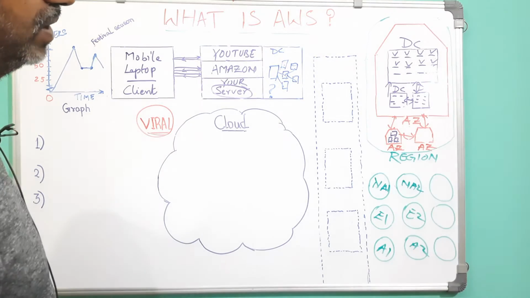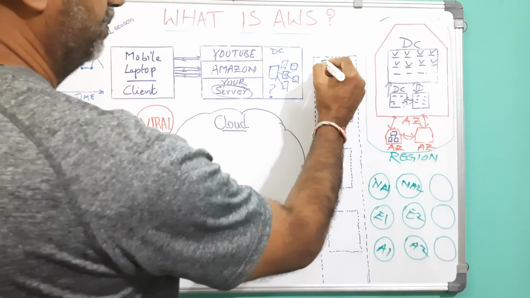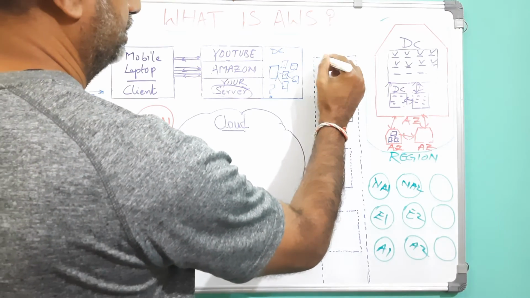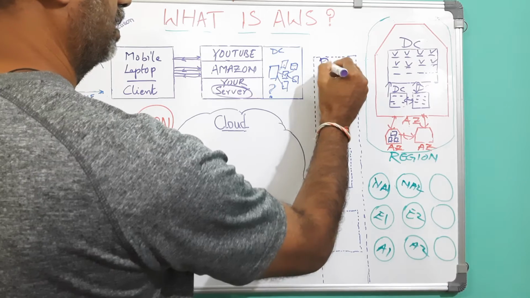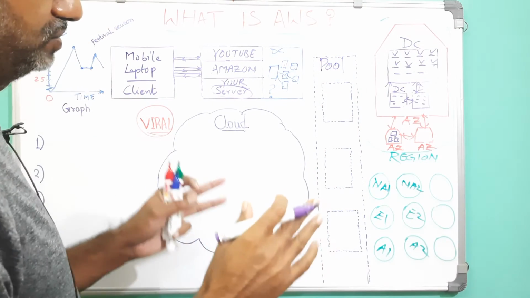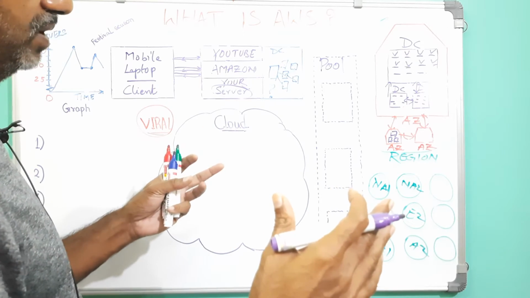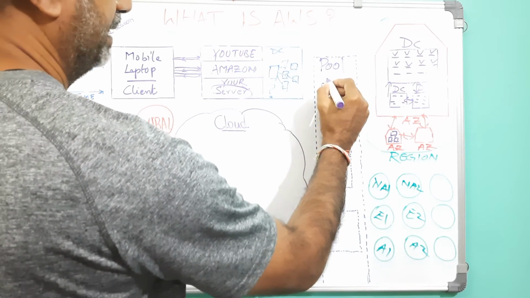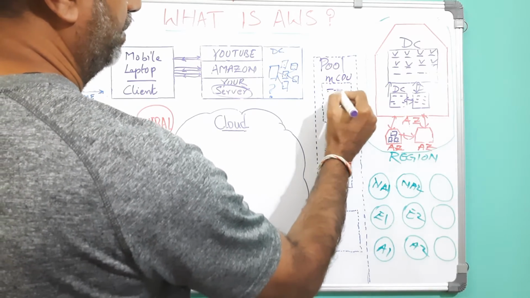access to a huge pool of resources, which, if you visualize that as a pool of resources, would look like millions of CPUs are available, right?